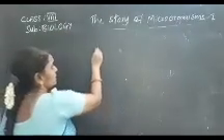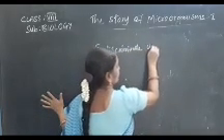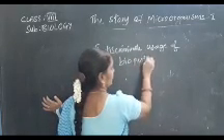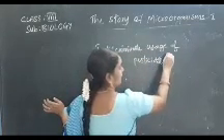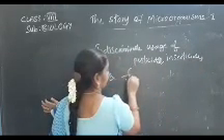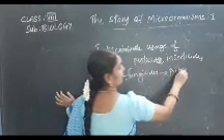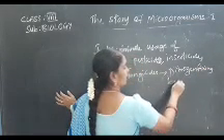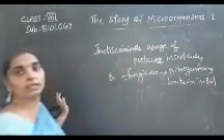So indiscriminate usage of pesticides, which are chemicals, insecticides and fungicides, kills the nitrogen fixing bacteria present in the soil. Okay, children?